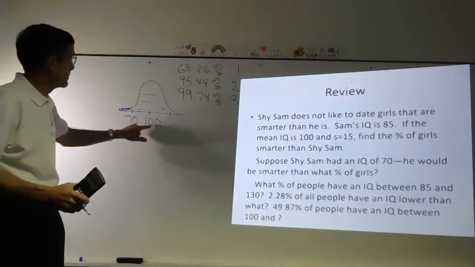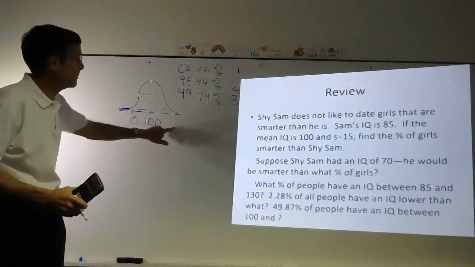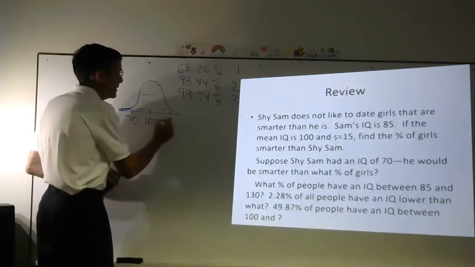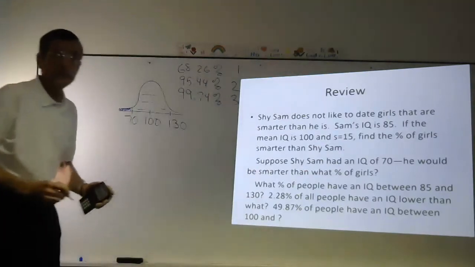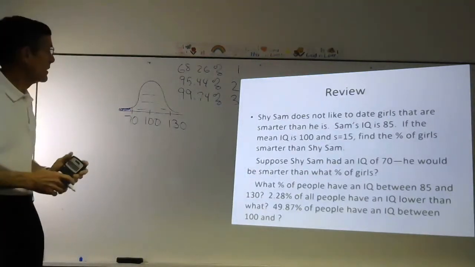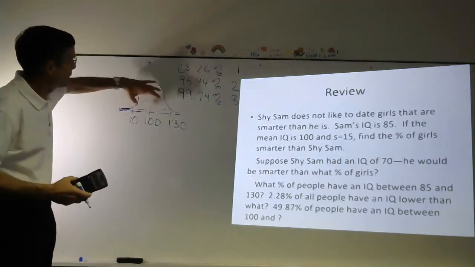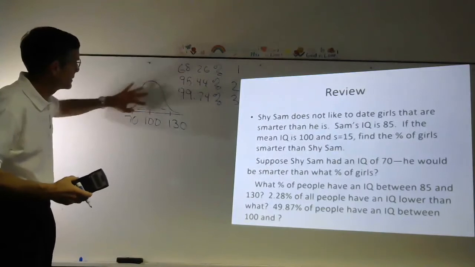Okay, so if we would go 2 below and 2 above, 2 below is 70, 2 above is 130. Yes? Okay? 2 below and 2 above should contain 95.44% of the data right in here.